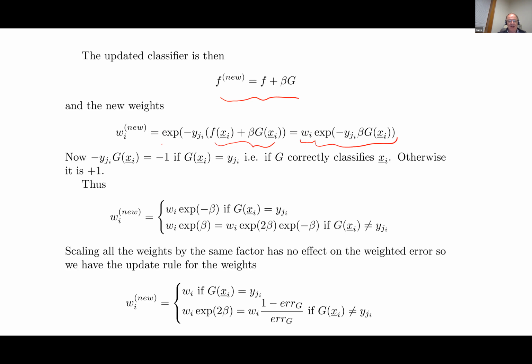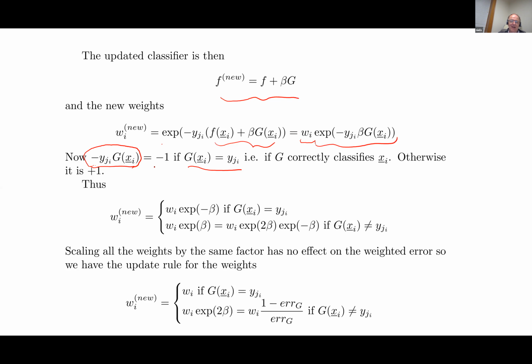So again, y_i times G(x_i), well, they're both plus or minus 1. It's a little complicated because there's a minus in front of it, right?